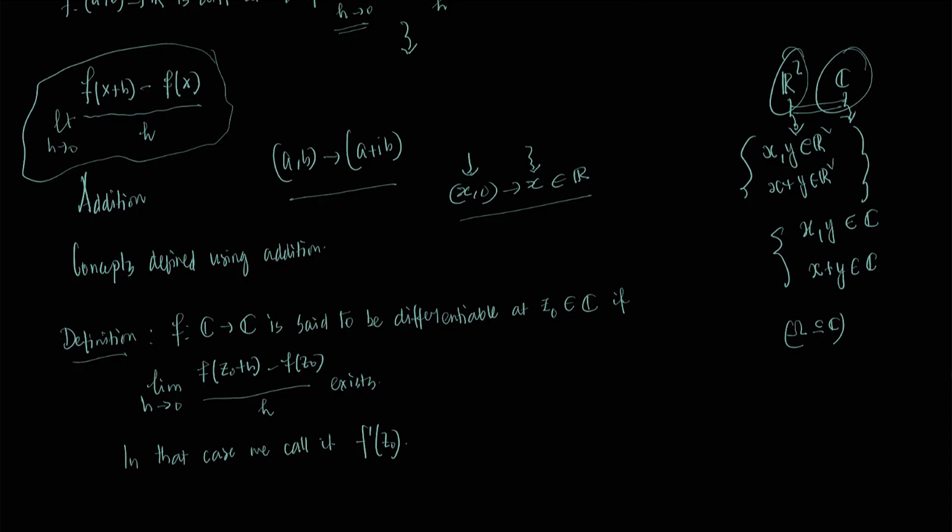Again, all of this makes sense. Why does it make sense? Because f of z naught plus h is a complex number for all h in C.